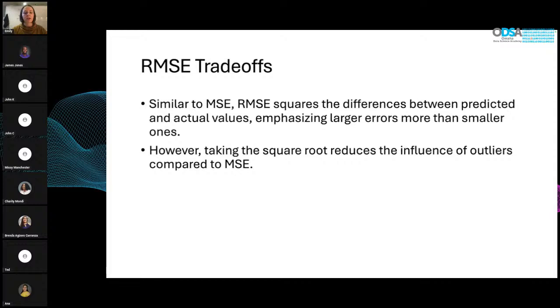So some trade-offs similar to mean squared error: root mean squared error squares the differences between the actual and predicted values, so it emphasizes larger errors more than smaller ones. You're being penalized more heavily for larger errors, for times where you're off more from the predicted value.